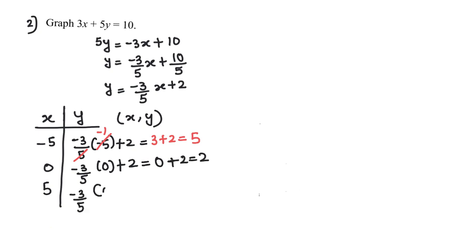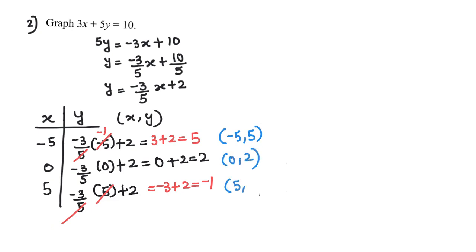Then substitute 5. The 5 and 5 cancel, and -3 plus 2 is -1. So all the ordered pairs are (-5, 5), (0, 2) and (5, -1).